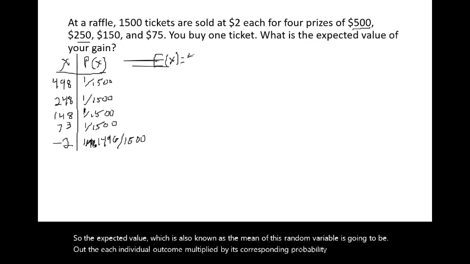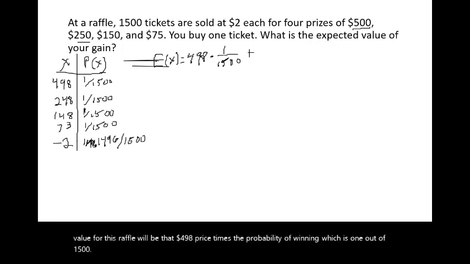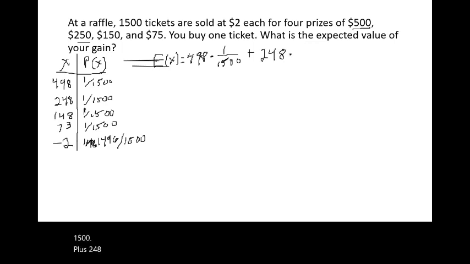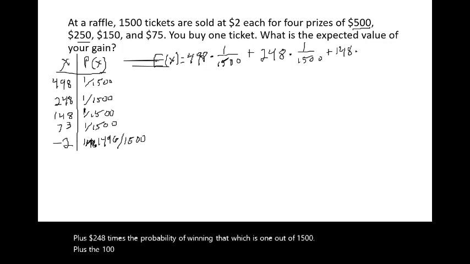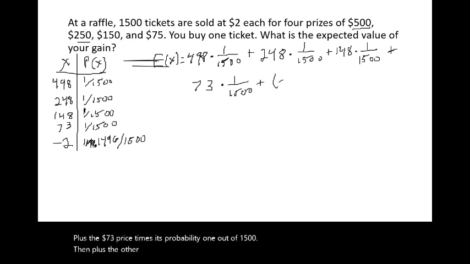So the expected value for this raffle will be that $498 prize times the probability of winning, which is 1 out of 1,500, plus $248 times the probability of winning that, which is 1 out of 1,500, plus the $148 prize times its probability of winning, 1 out of 1,500, plus the $73 prize times its probability, 1 out of 1,500, then plus the other outcome, which is losing that $2, times the probability of losing, which is 1,496 out of 1,500.